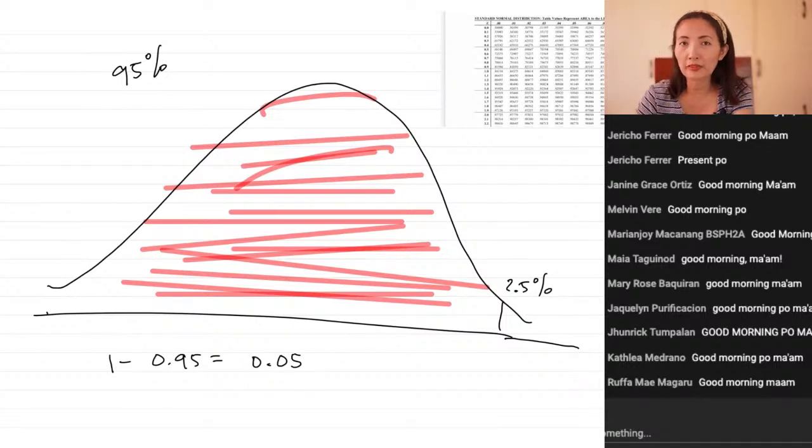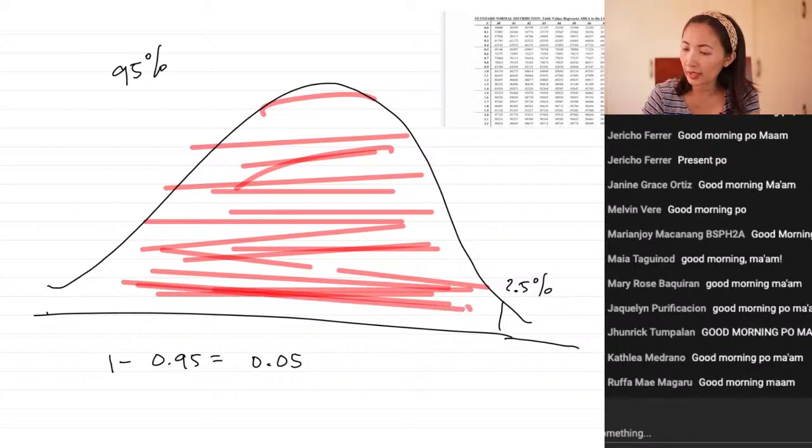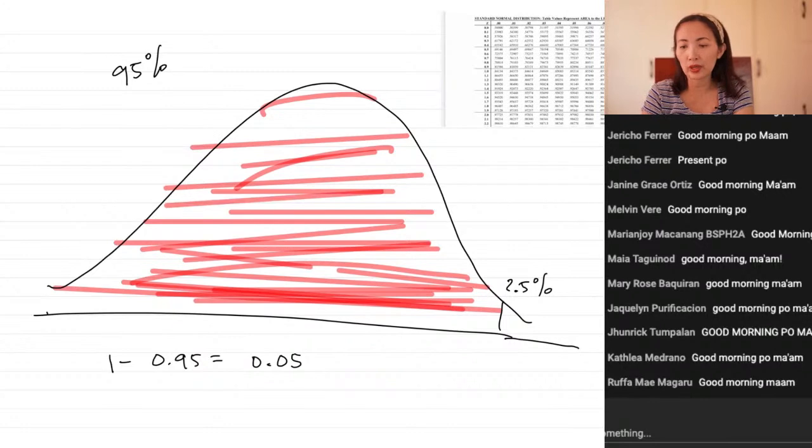But when we look up the z value from the table, it gives the positive values of z to the left. So from here to the left, the total area is 97.5, because if this is 2.5, this is also 2.5%.